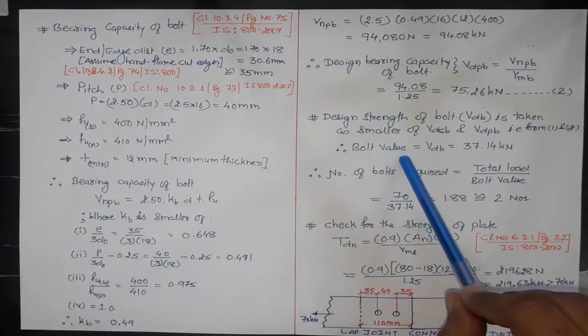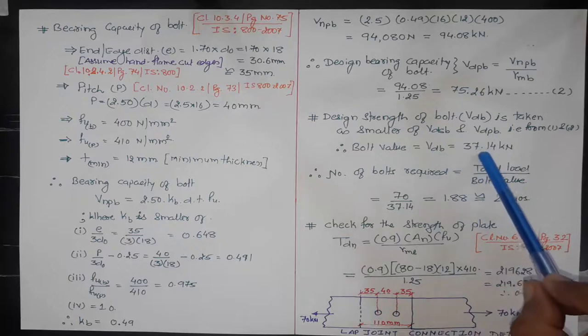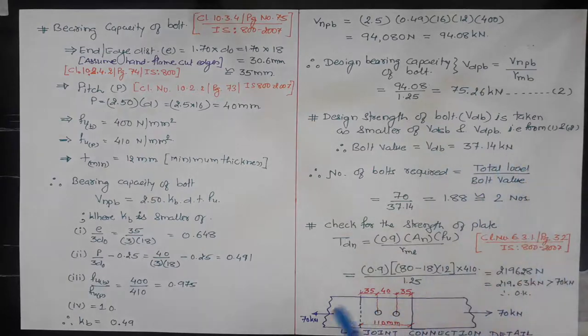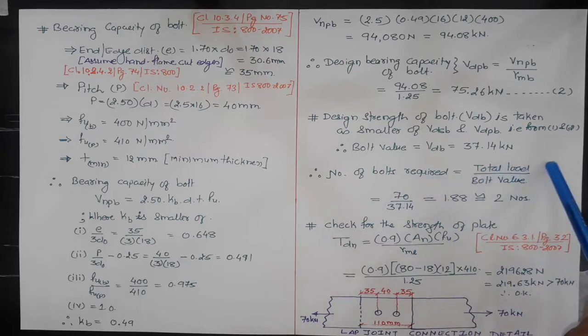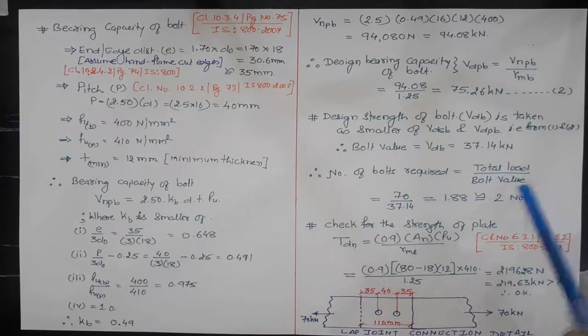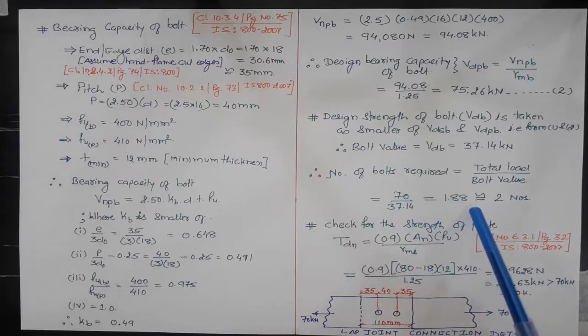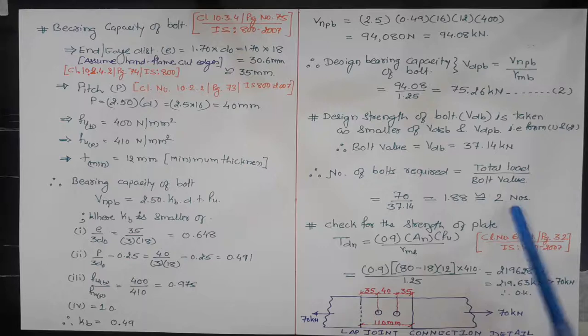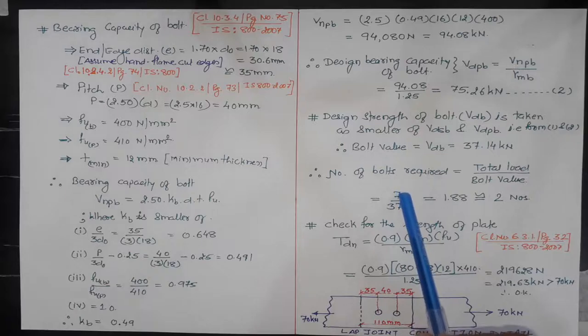Therefore, number of bolts required will be equal to total load to be transmitted divided by bolt value. This comes out to be about 1.88. We have to round it to two bolts. These two bolts are capable of resisting 70 kilonewton tensile force.